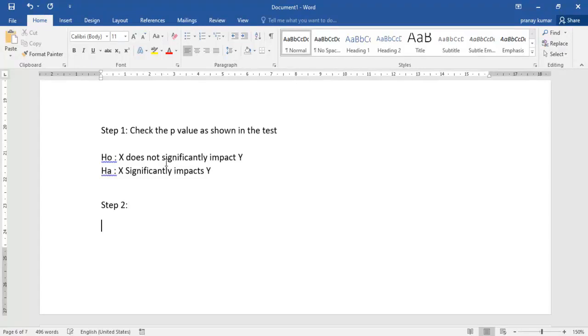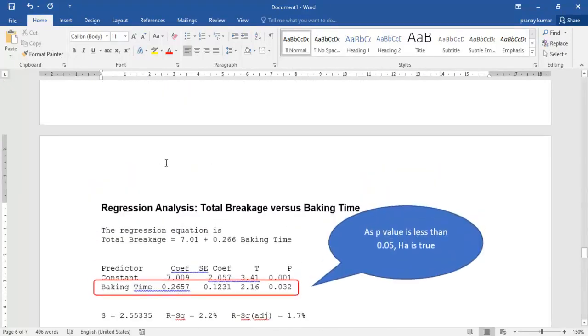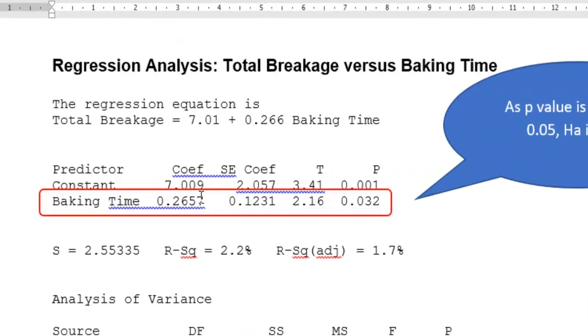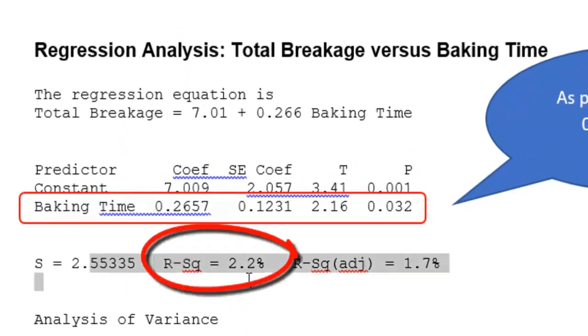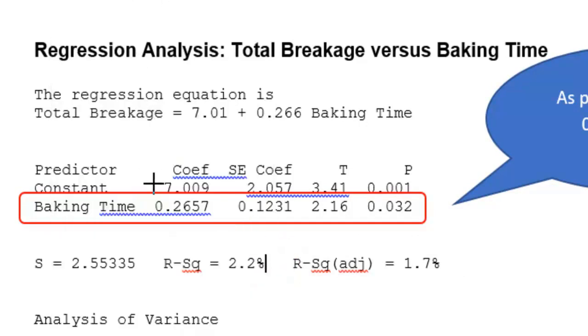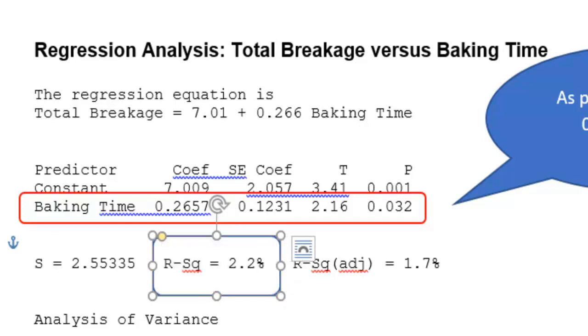Step 2, the next thing that we will look at is the R square value. R square is a value extremely important to us. It showcases the strength of the relationship.